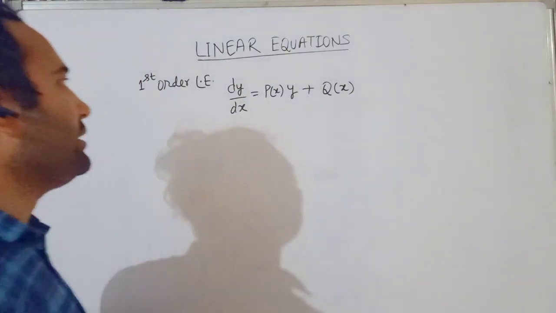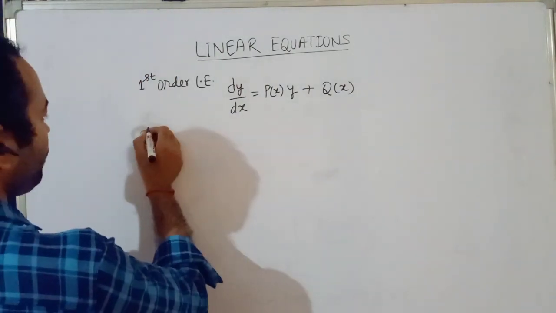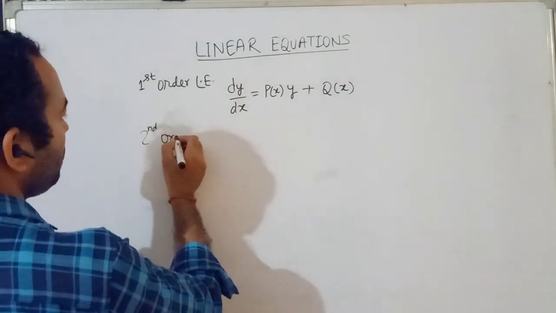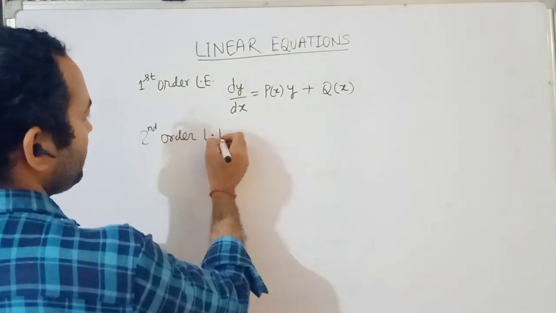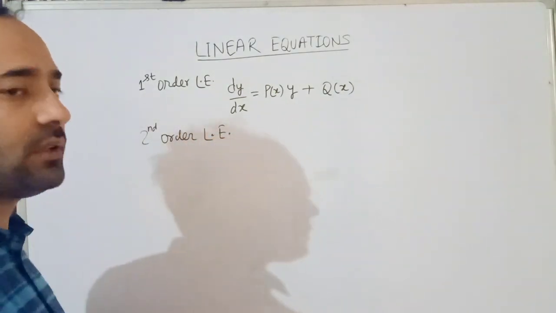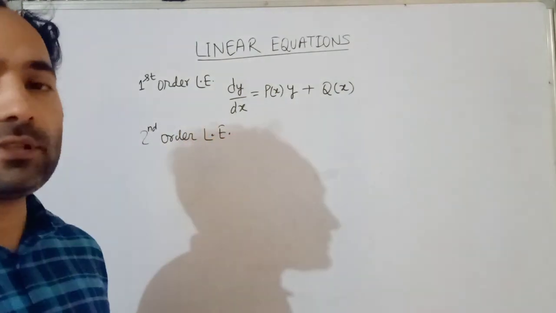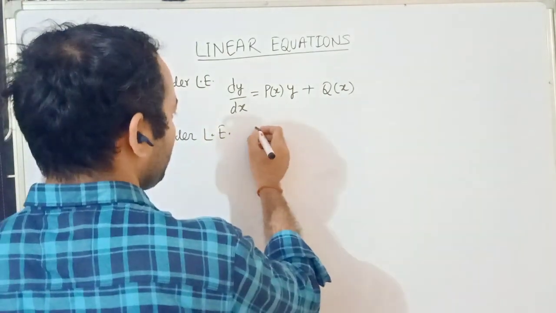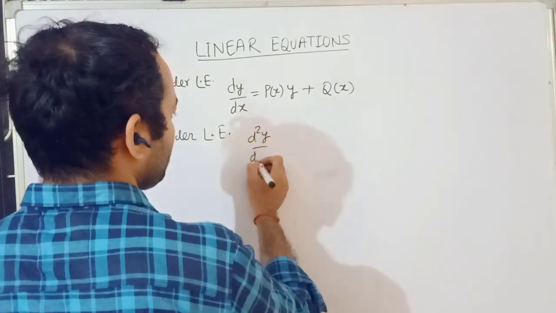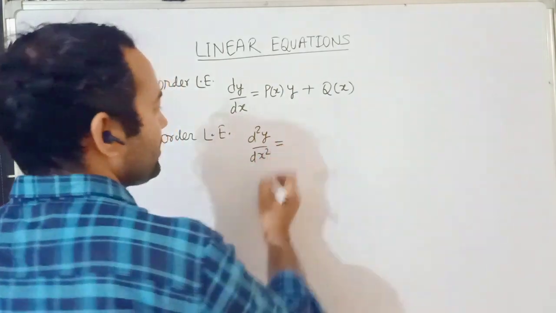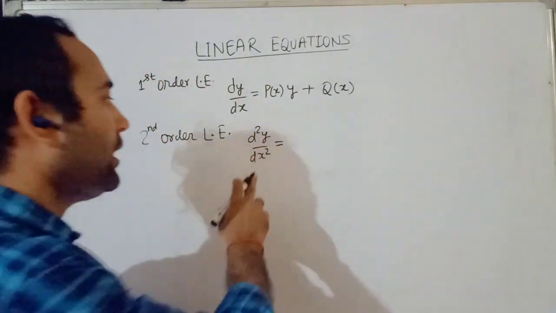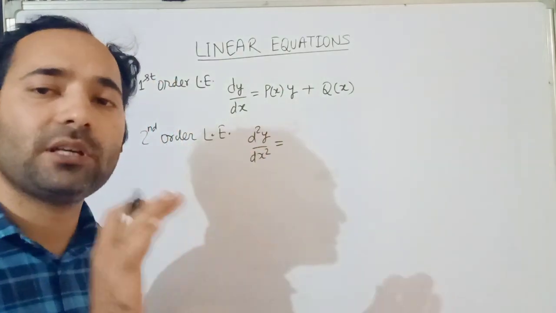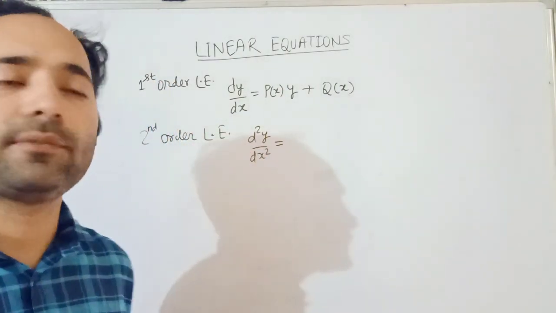Okay, similarly if you define a second order linear differential equation, the highest order derivative term would be d2y by dx square, which is equal to a linear function of lower order derivatives.